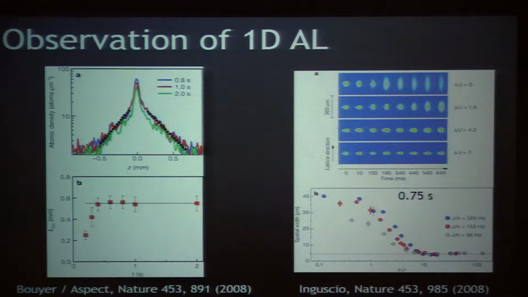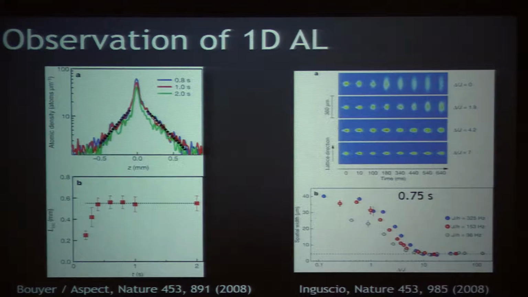Okay, so here's what they measured, and I'll stop and see if I can get any questions out of you. Here's the Spaeth experiment, here's the Inguscio experiment, so I'll put these next to each other to show you what they observed in these 1D experiments. On the top panel, they're showing the density on a semi-log plot after they've waited quite a long time for the atoms to expand through this disorder: 0.8 of a second, 2 seconds.